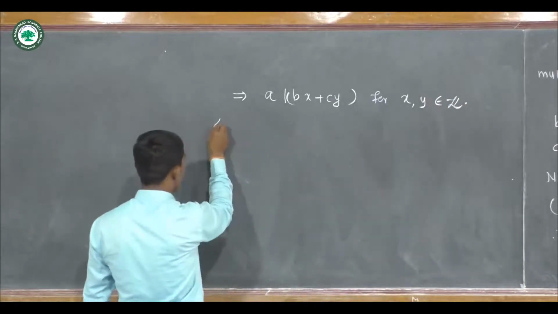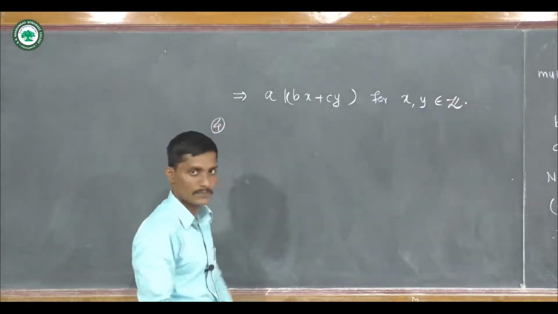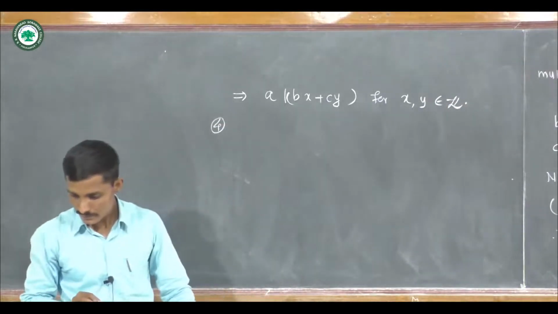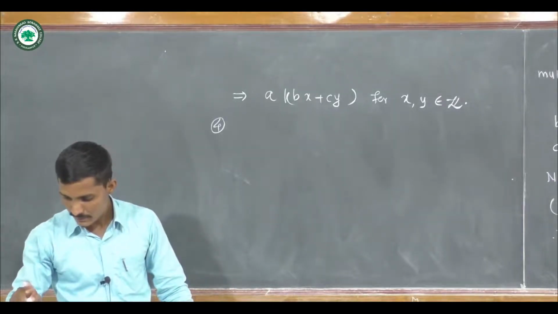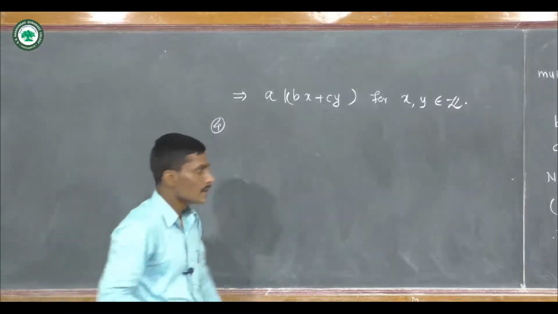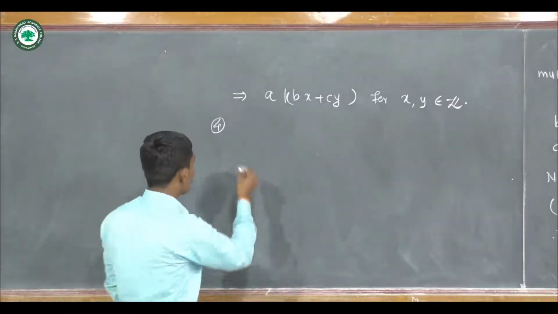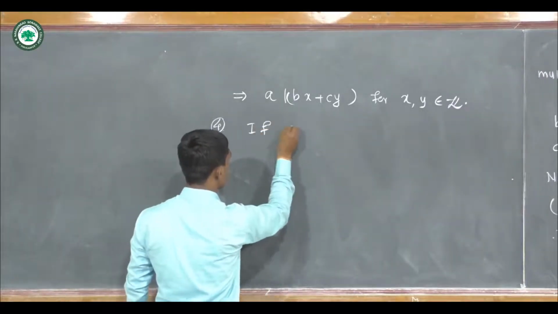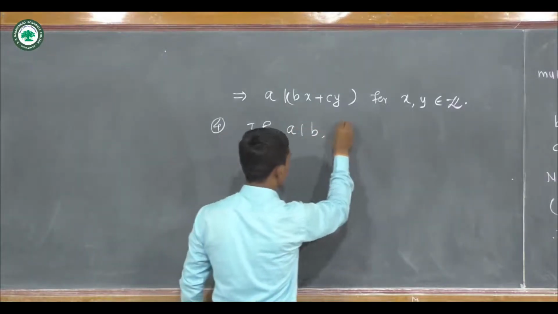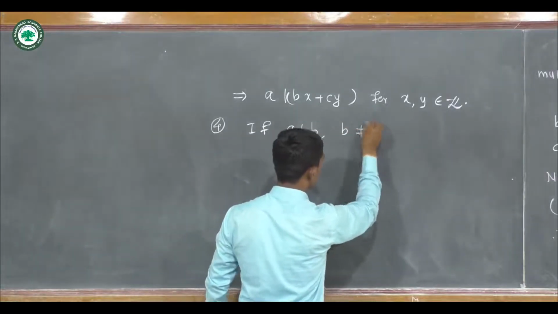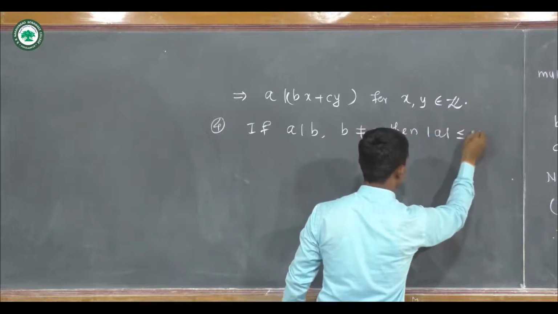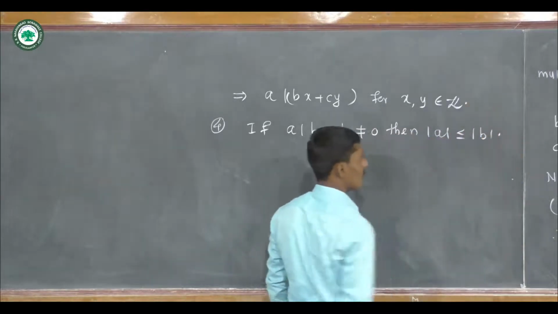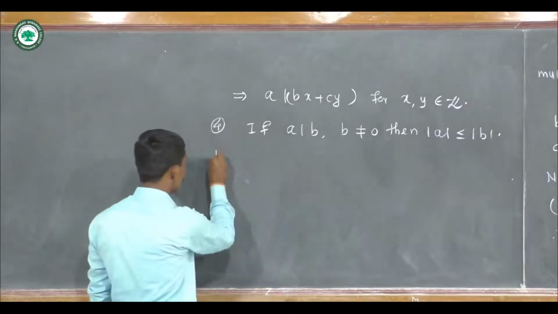Now property number 4. If a divides b and b is not equal to 0, then the absolute value of a is less than or equal to the absolute value of b. Here is the proof.